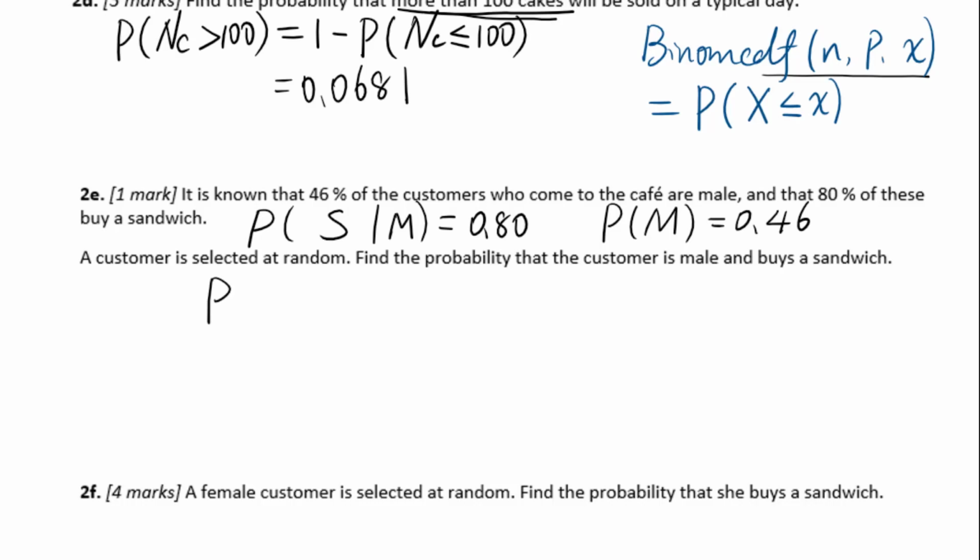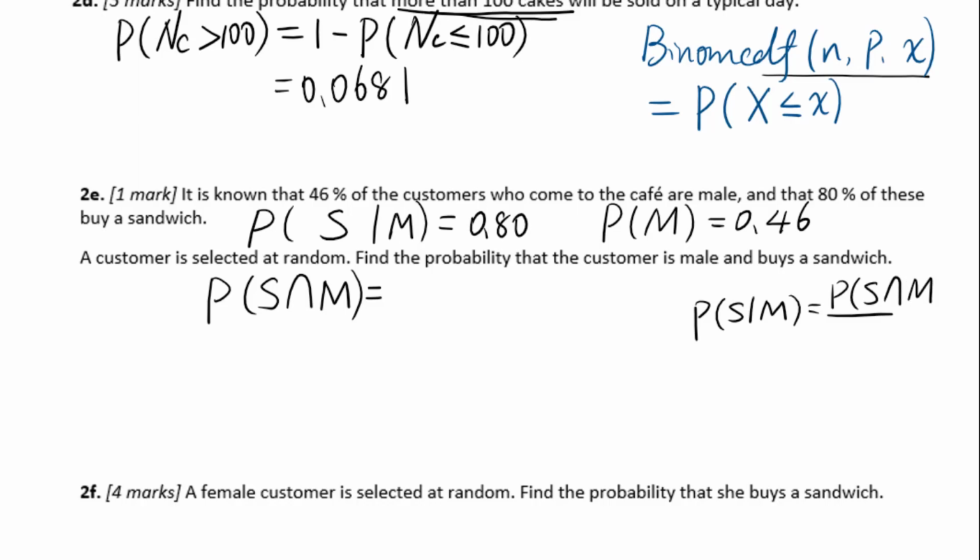We are looking for the probability of sandwich and male. We know the probability of S given male equals probability of S intersection male over probability of male.